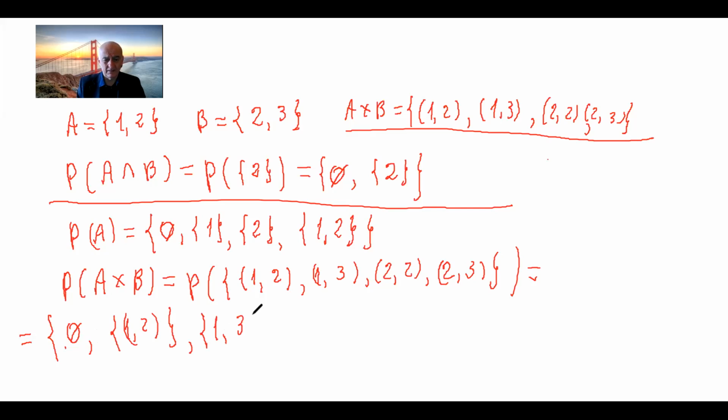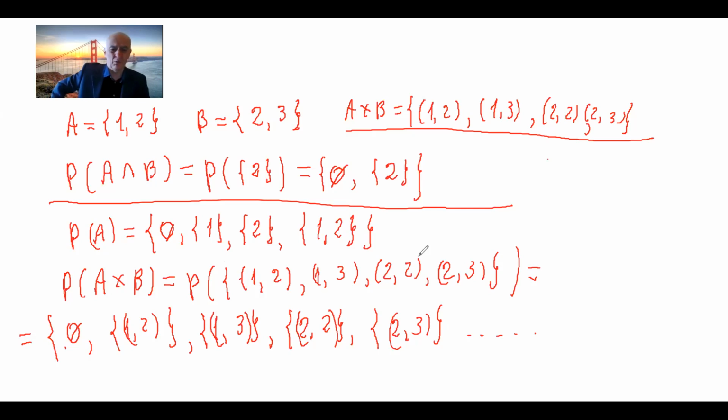There will be 4 sets with 1 element. Then we will take sets with 2 elements, then sets with 3 elements, and then the set with 4 elements. So there should be 16 elements.